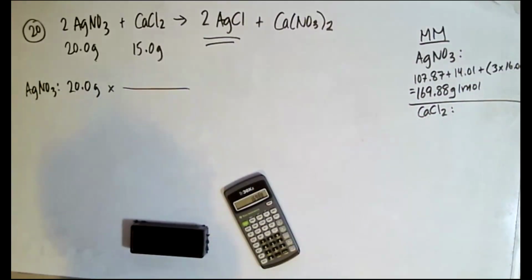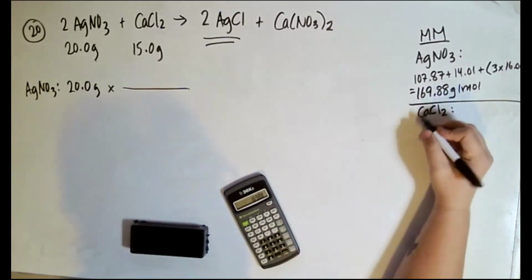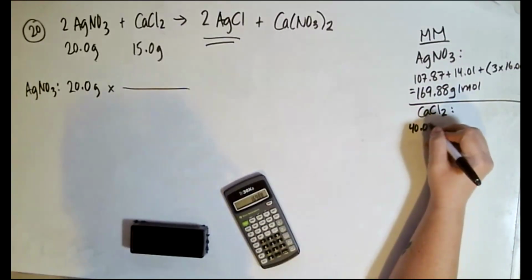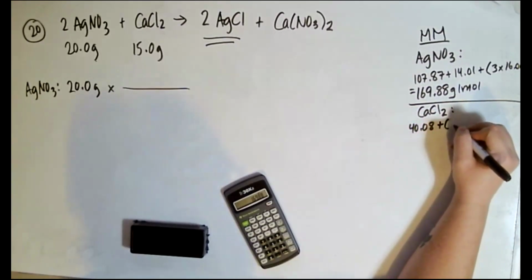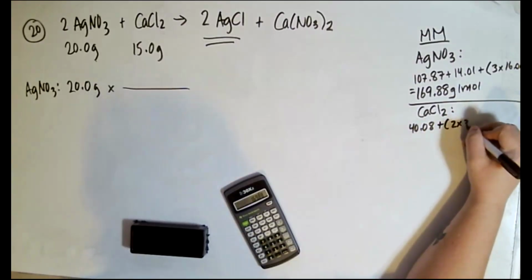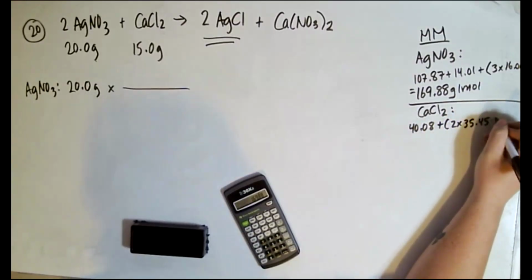So that's going to be 40.08 plus 2 times 35.45.